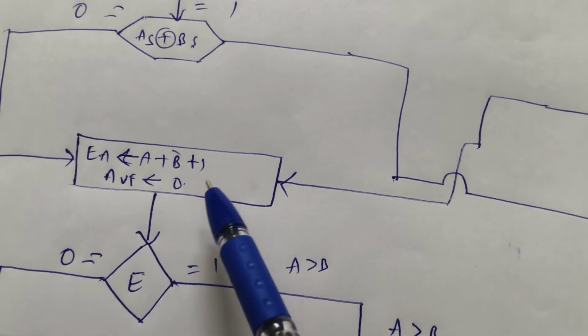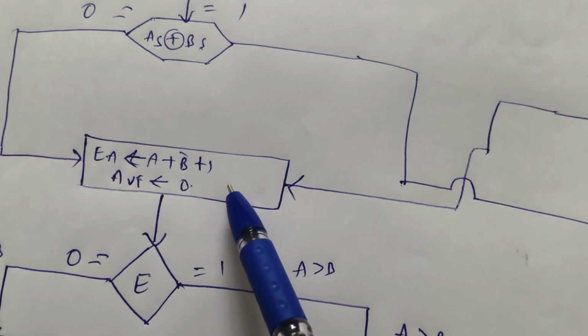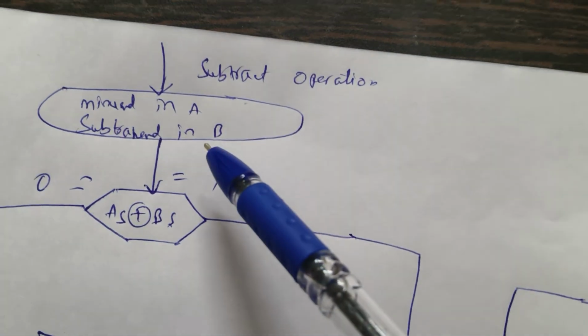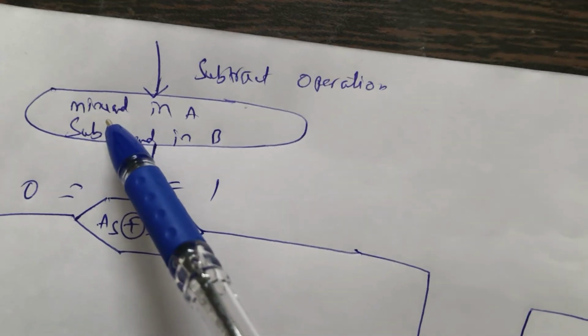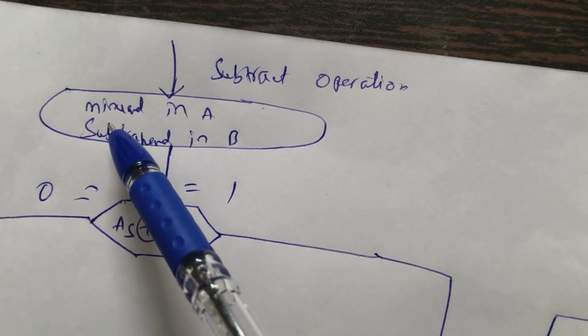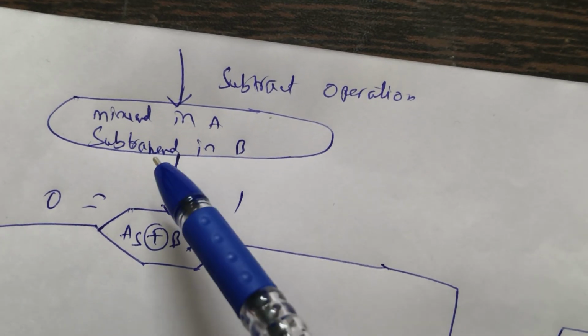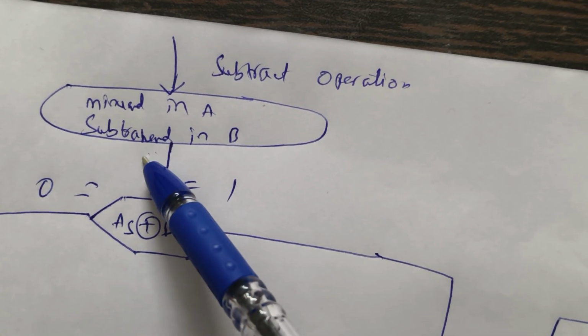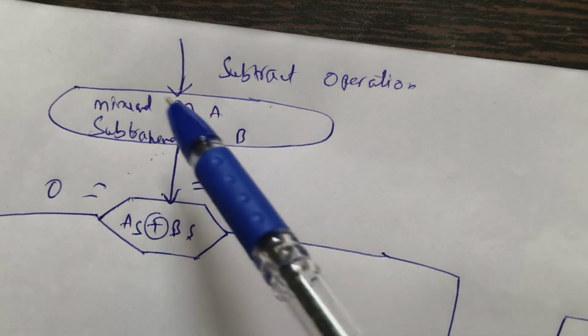And we know that for the subtraction operation, A is called the minuend and B is called the subtrahend. For the subtrahend we perform the 1's complement and add 1 to it.